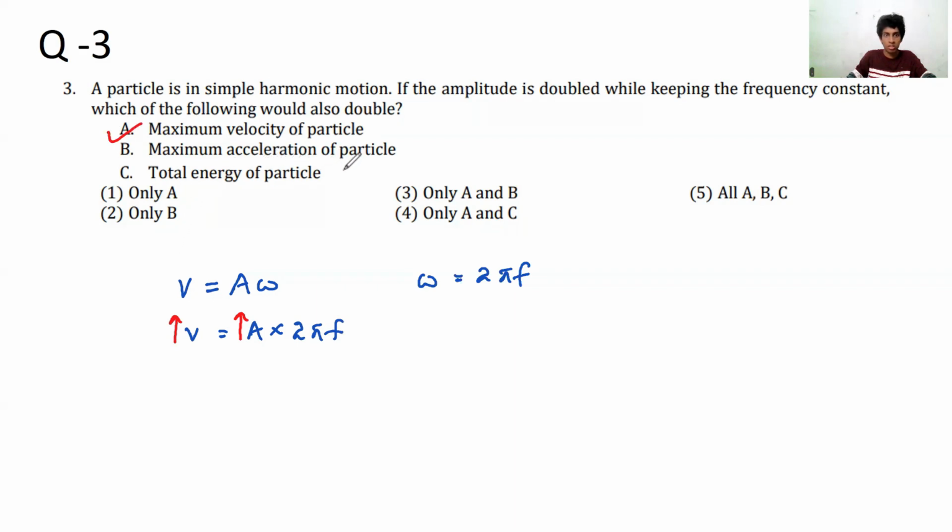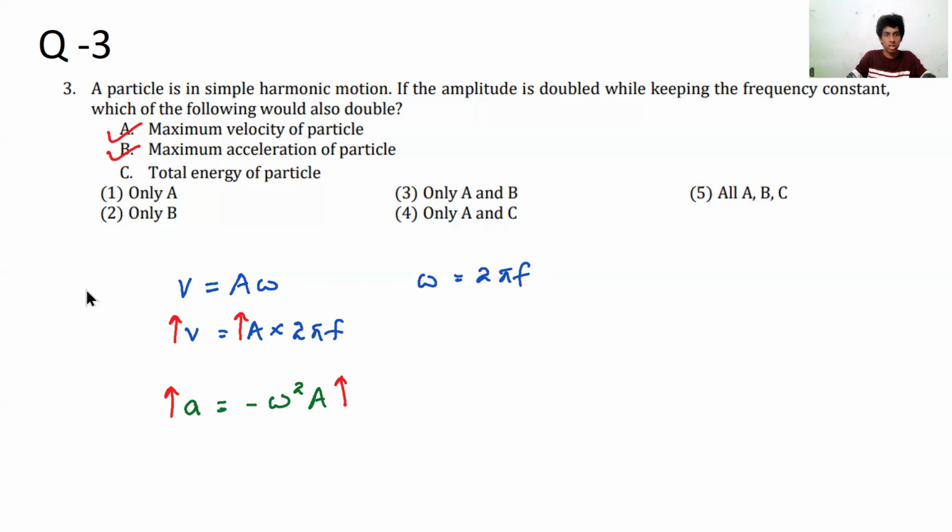B. Maximum acceleration of the particle. The maximum acceleration of a particle is equal to omega squared A. Omega is equal to 2 pi f. So when f is constant, omega is also constant. So when we double the amplitude, acceleration also doubles. So B is correct.